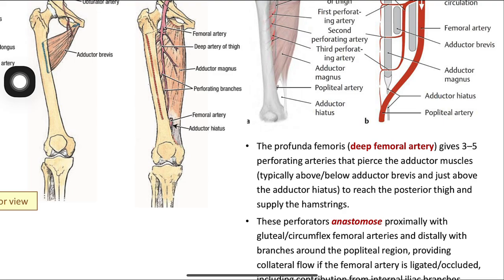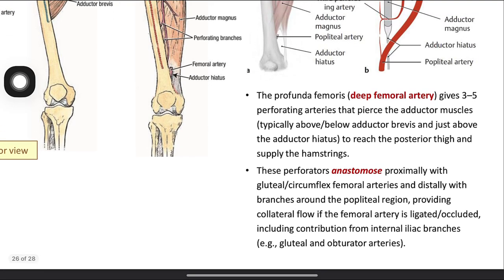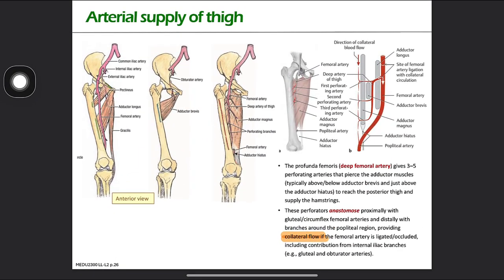That's why these perforators can help to form the anastomosis, proximally with the gluteal and also the circumflex femoral arteries, and distally with the branches around the popliteal regions. We would like to provide better collateral flow if the femoral artery is ligated or occluded. Okay, so this is the original idea of having this.